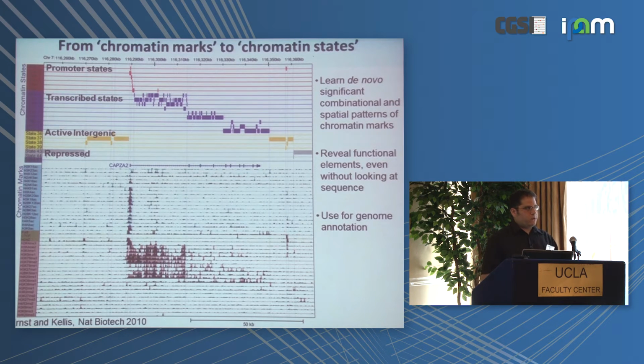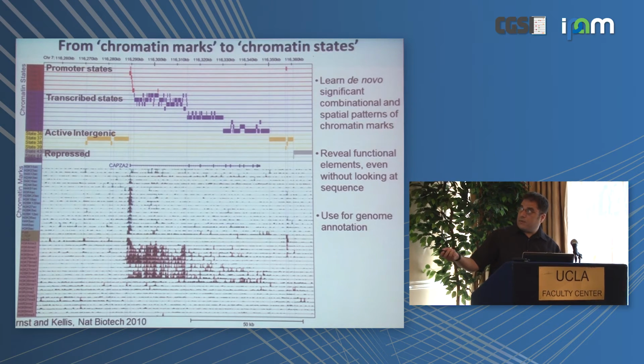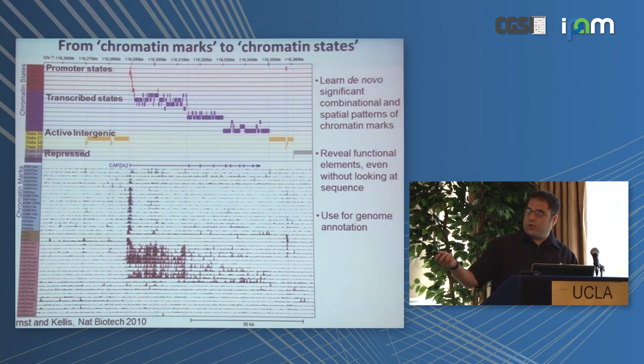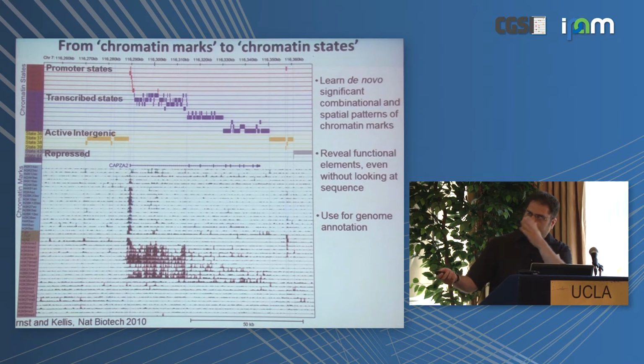So what we were trying to do is find these reoccurring patterns of the modifications, also taking into account domains, discover de novo what those patterns are, and then once we've discovered the patterns, we go across the genome and annotate each location as being an instance of that pattern in the cell type. And then we can start characterizing what these patterns correspond to biologically once we've annotated each location associated with it.